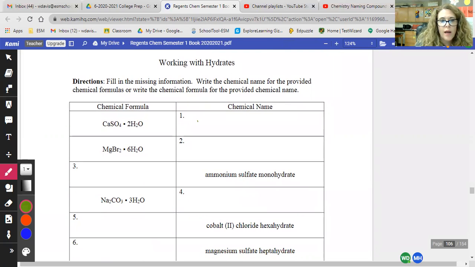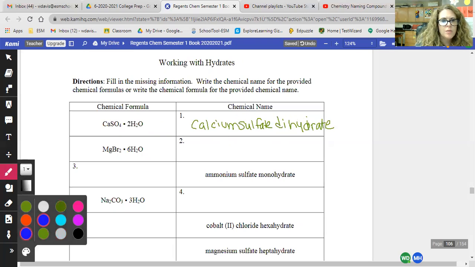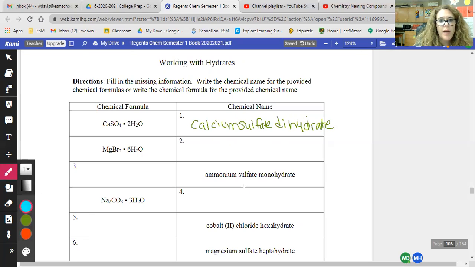All right, so I have calcium sulfate, and I have dihydrate. And you know what, I'm doing hydrates. I feel like I should do a nice little blue, like a little aqua here. All right, so I have magnesium bromide.